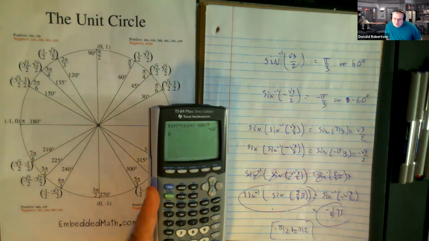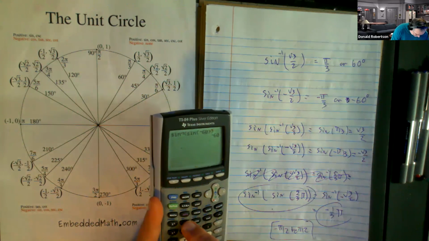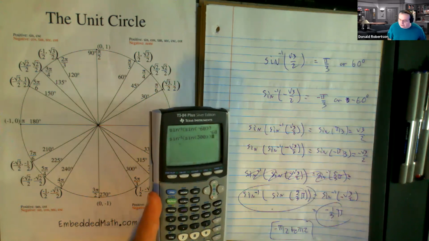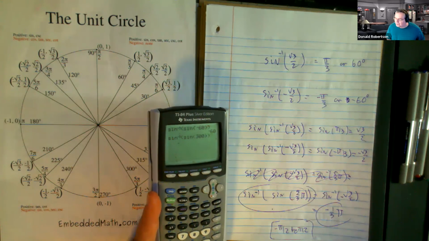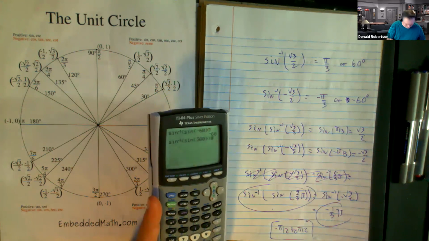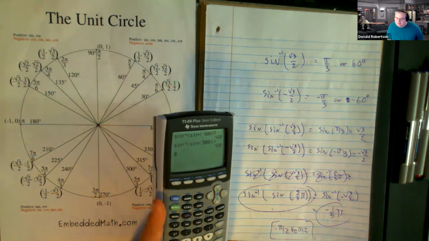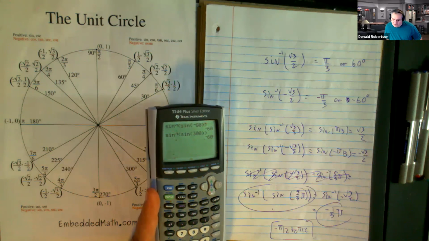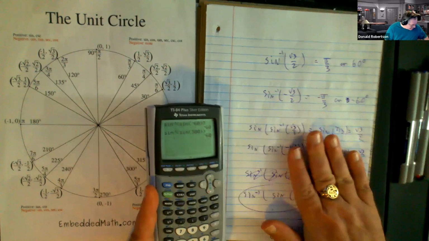You see, the calculator does it for us. Now, what about the inverse sine of the sine of 300? By the way, isn't the sine of 300 the same thing as -60 degrees? What's what the calculator calls it? See, the calculator knows how to do it. So do you see on the top one, the answers are the same, but in the one underneath, isn't the answer not the same? That's another example of this.